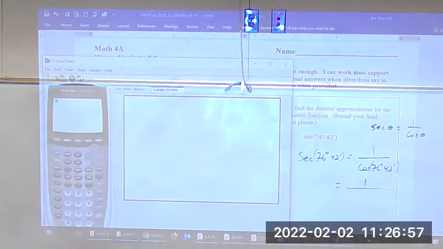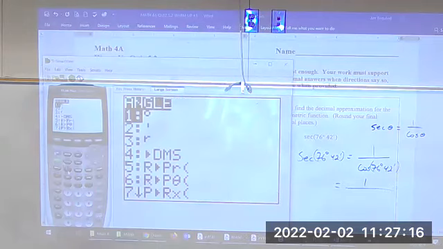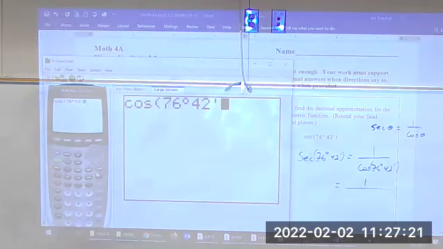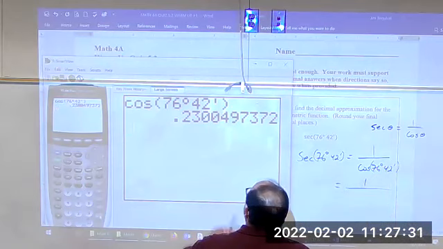So cosine 76 degrees. So second, angle, hit the degree symbol, and then 42. I need minutes. So second, angle, and I hit the minutes, which is option 2. So cosine of 76 degrees, 42 minutes, close the parentheses, enter.